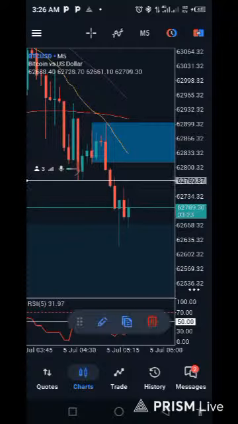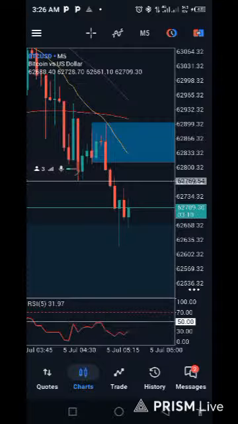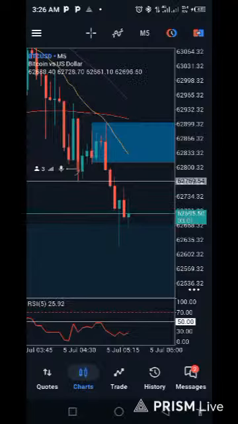As long as here is a valid break of structure, it will do that. Except it's not a valid break of structure, but I'm 85-90% sure it will go there and test it and come down. I'm waiting for it.